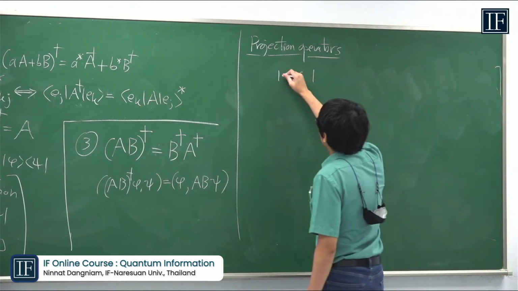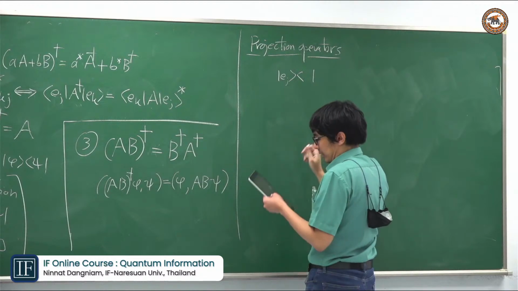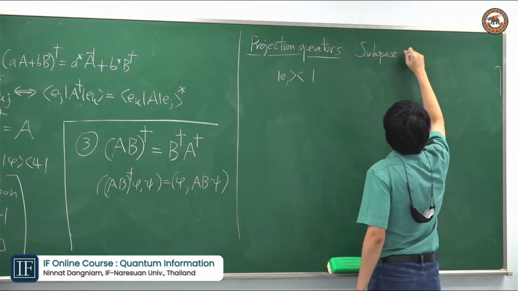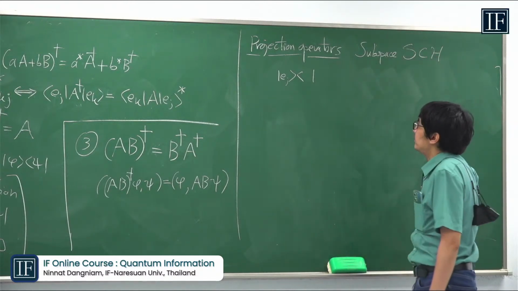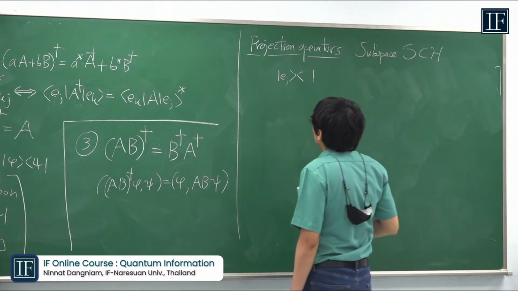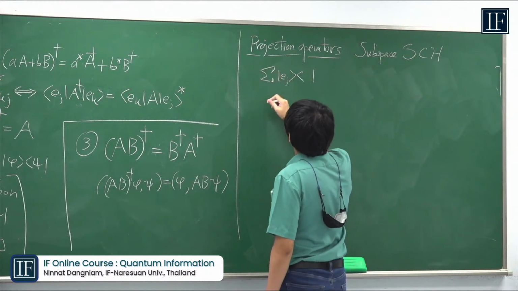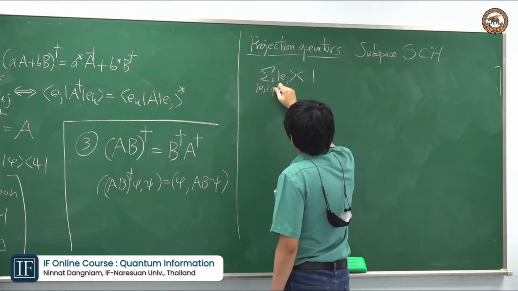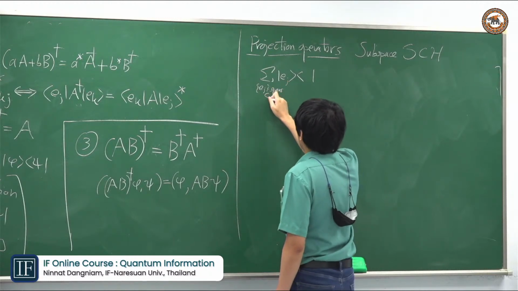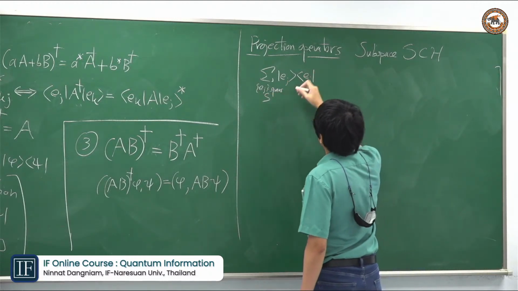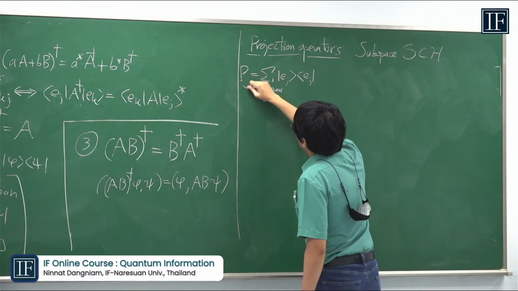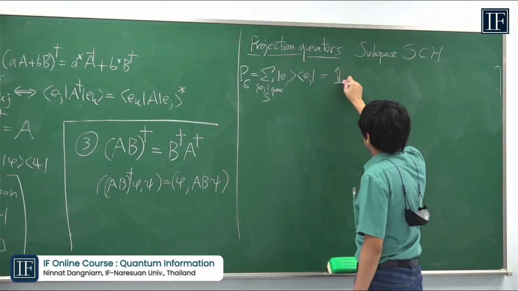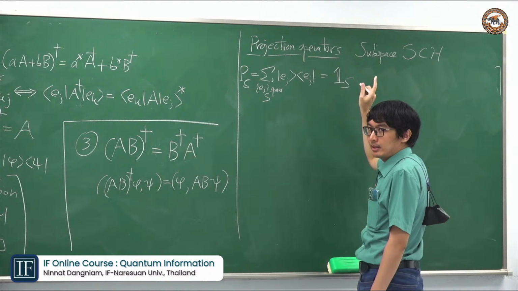So now for any, let's say I have a subspace S. And then if I choose an orthonormal basis that spans S, and then sum over, this is a projector onto that subspace, right? In particular, it is also an identity operator on the subspace.